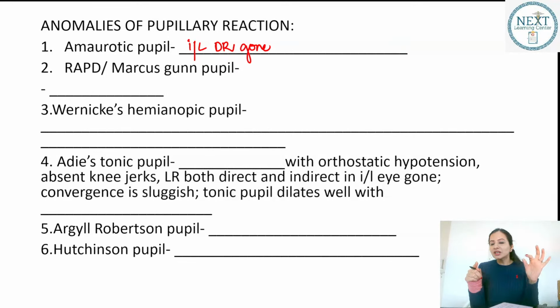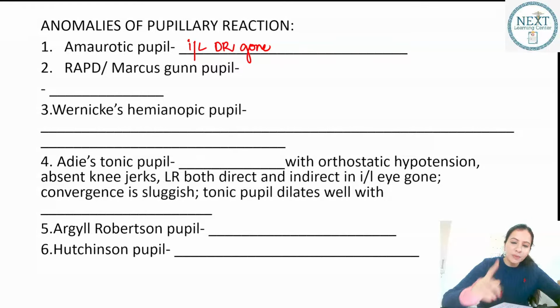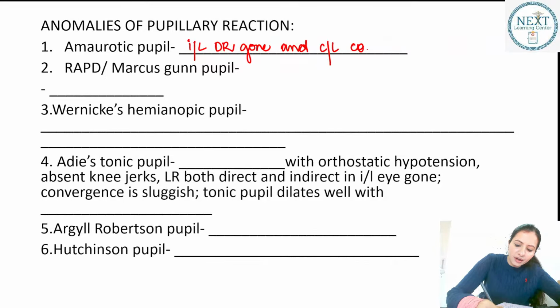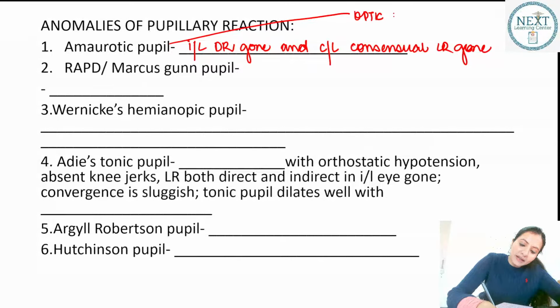Why is it constricting? Because of consensual light reflex. So in amaurotic pupil, your ipsilateral direct reflex is gone and your contralateral consensual light reflex is gone. So what is the site of lesion? It is your optic nerve damage.